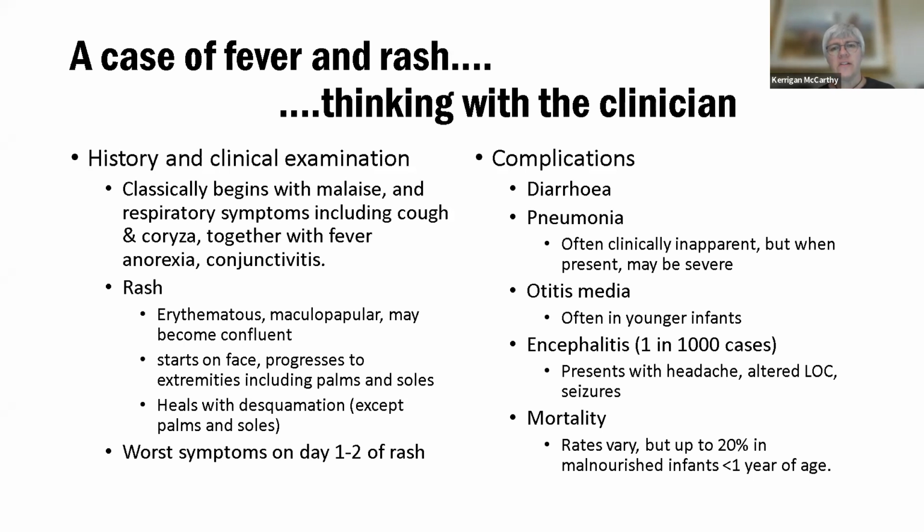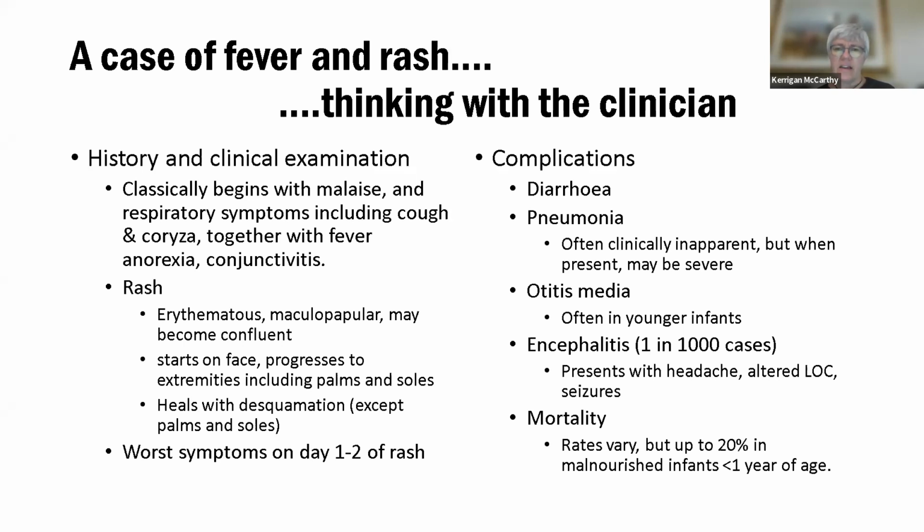These complications include diarrhea, which can lead to dehydration, pneumonia, which is often clinically inapparent, but when it's present, it may be severe. Otitis media is a common complication in younger infants.